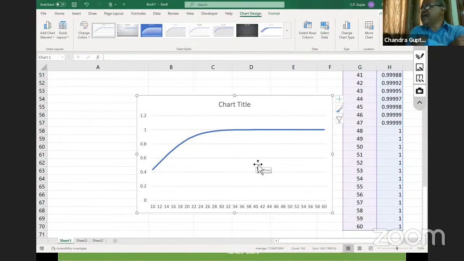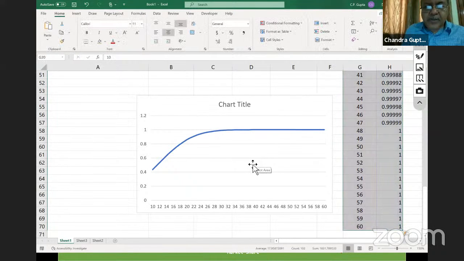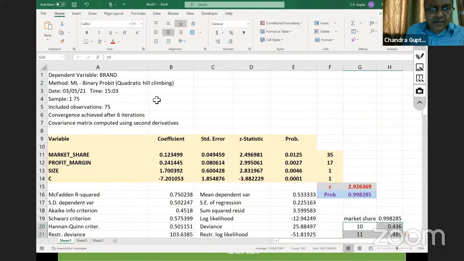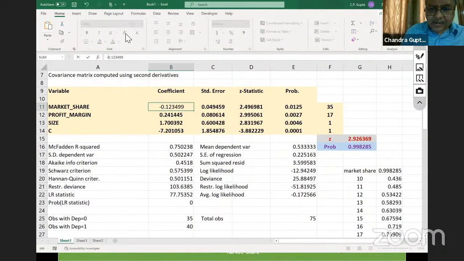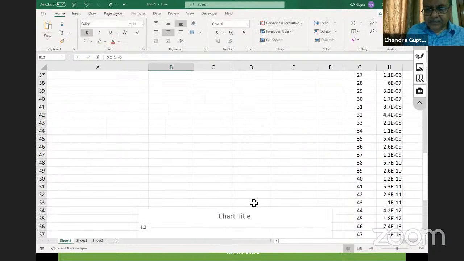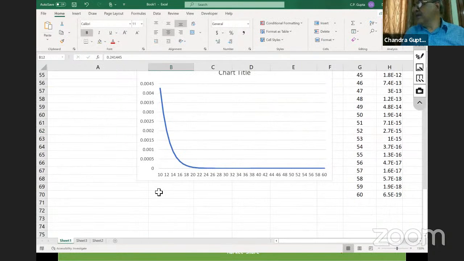So that shows that as your market share is increasing, the probability is increasing at a decreasing rate. So that shows a positive relationship. And suppose if you make it negative, then the relationship changes and it becomes negative.